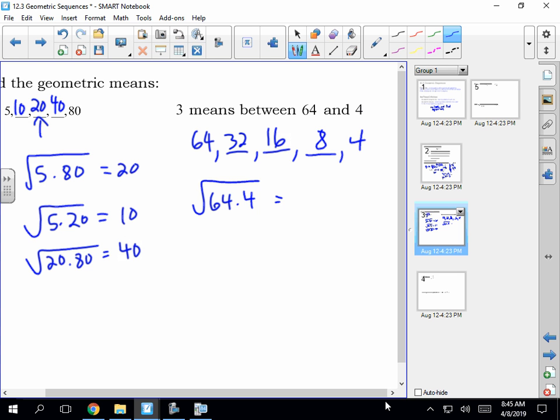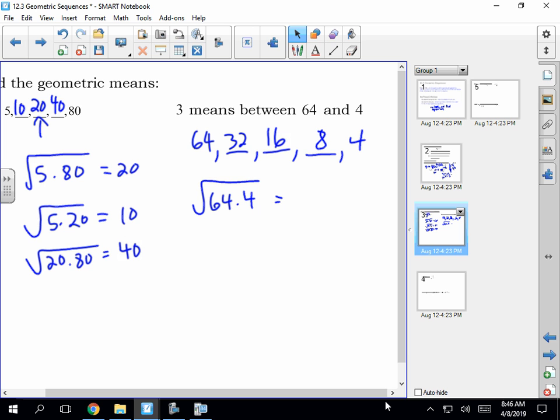I'll show you another way to do it. I can actually do that now. So another way to do this would be, I've got to multiply 64 times something to get this number, times something to get this number, times something to get this number, and then times something to get this number.